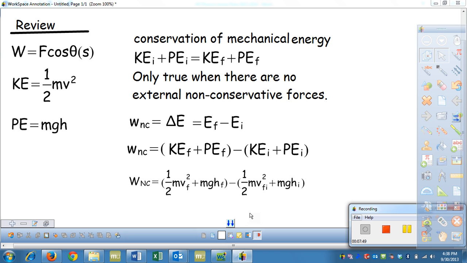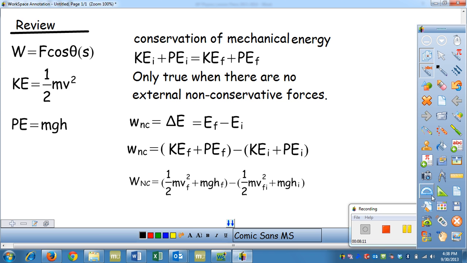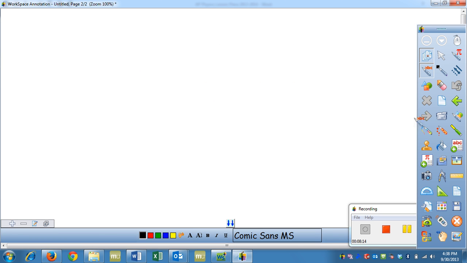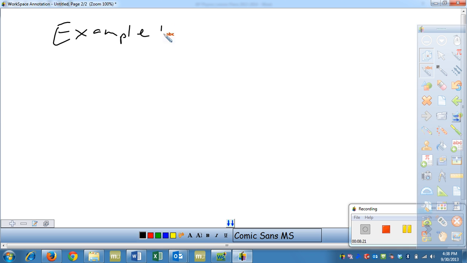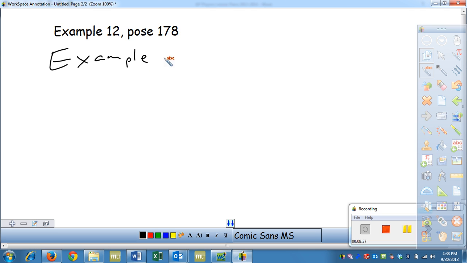I'm going to try example 12 on page 178. Let's see. I need a new page. And this is example 12, page 178.